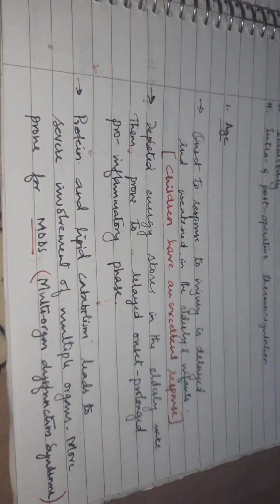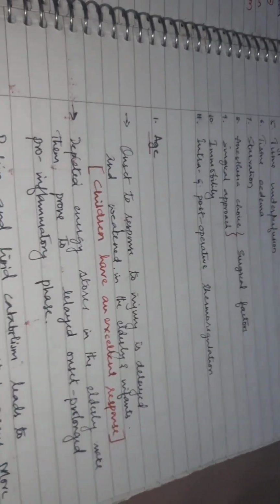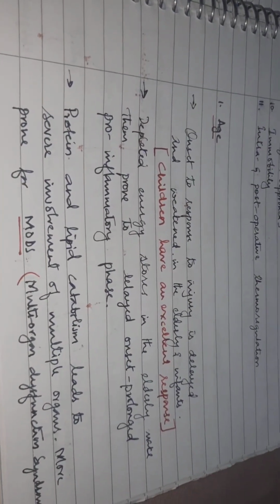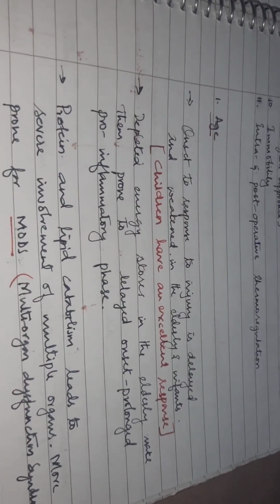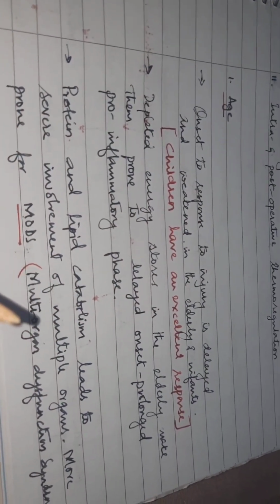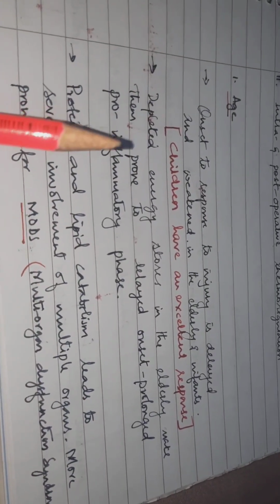So first the age, right? The onset of response to injury is delayed and weakened in the elderly and the infants. So at the extremes of age, that is the elderly and the infants, the response to injury is delayed. Why is this delayed? Because of depleted energy stores in the elderly, which make them prone to delayed onset and prolonged pro-inflammatory phase.